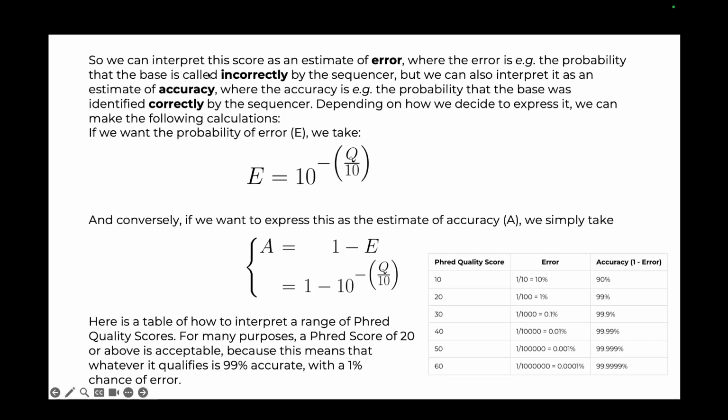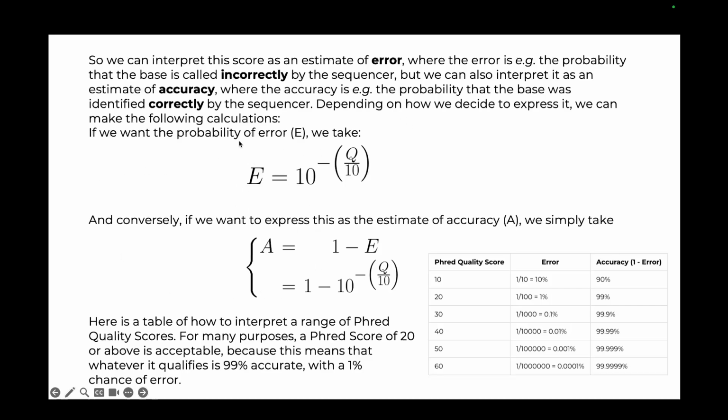Now, we can interpret this score as an estimate of error, where the error is the probability that the base has been called inaccurately by the sequencer, but we also can interpret it as an estimate of accuracy. The accuracy is the probability that the base identifier has called it correctly. Depending on how we decide to express it, we can make certain modifications to this.